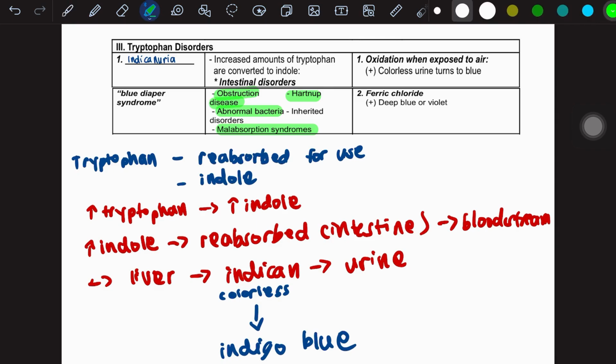That is why early diagnosis of Hartnup disease is the observation of the characteristic blue diaper syndrome. So please remember that. For the methods of testing, we have oxidation when exposed to air, where colorless urine turns blue, and the ferric chloride test, where deep blue or violet is the positive result.